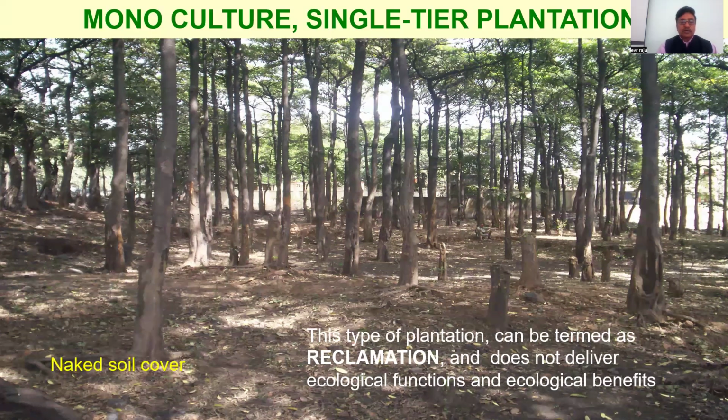But when you come to the ground level, the soil is naked and obviously is not supporting any biodiversity. Maybe 1 or 2 or a few birds may come over here and some insects may be there. But that full-fledged forest type of biodiversity cannot be seen here. And this, I think we can term as a simple reclamation. Then go to the next slide, please.